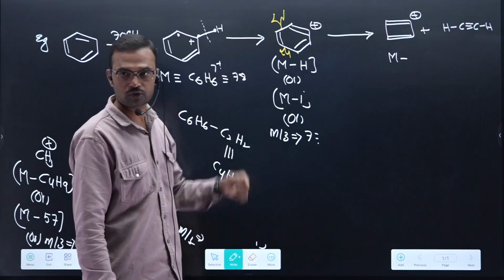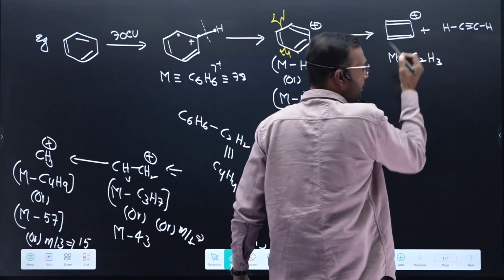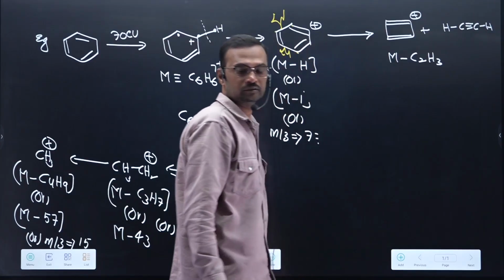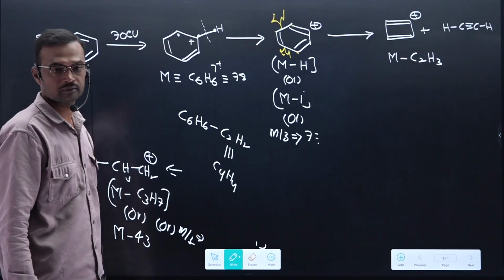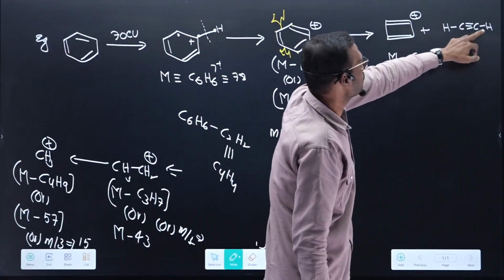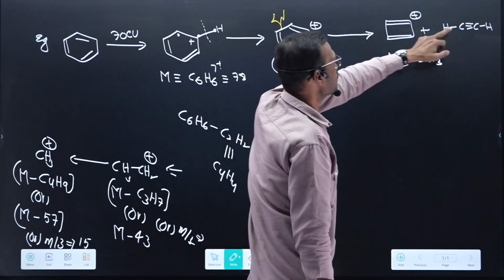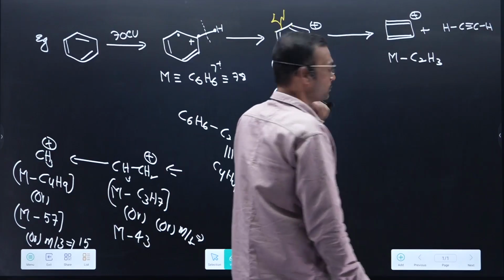Where does that hydrogen go? So I can write C2H3. This hydrogen and this fragment, both you need to add. If I remove C2H3 from the molecule, then you will get this one.